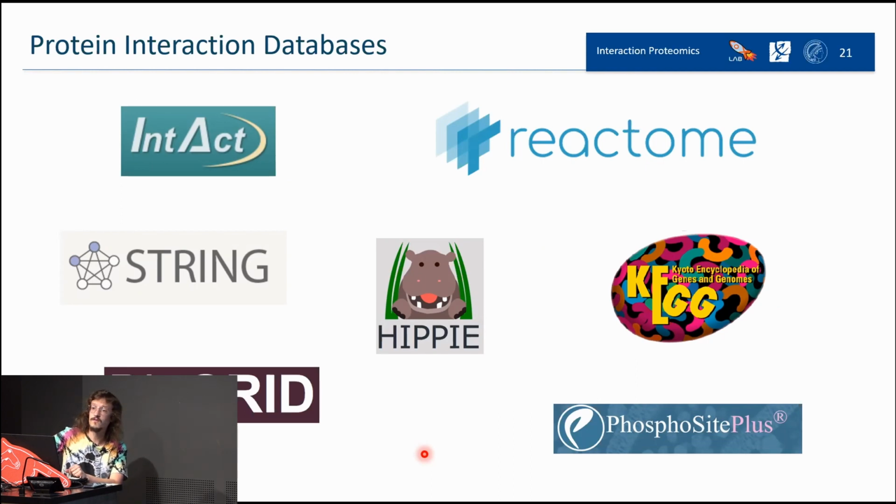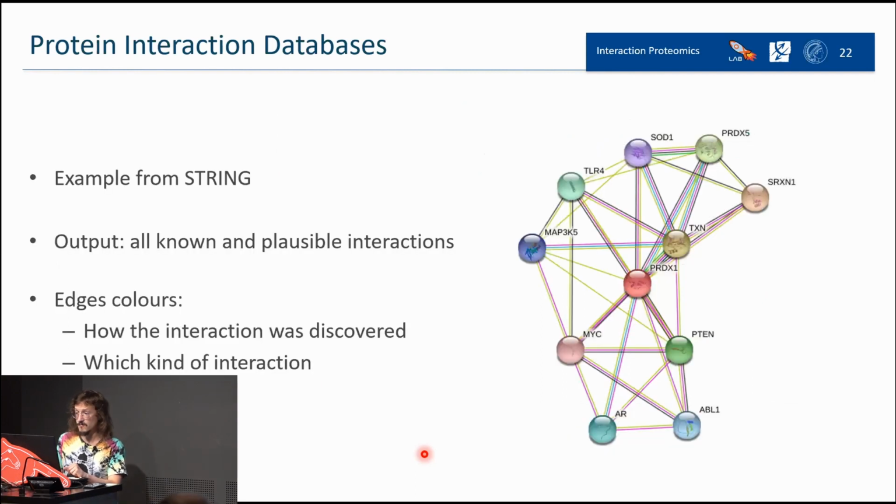So you can just look for the protein you're interested in and see what information has already been published. I will show you a simple example obtained from STRING. There is no reason why I chose STRING rather than the others. It's just my personal taste. I prefer STRING, but all the others are equally fine.